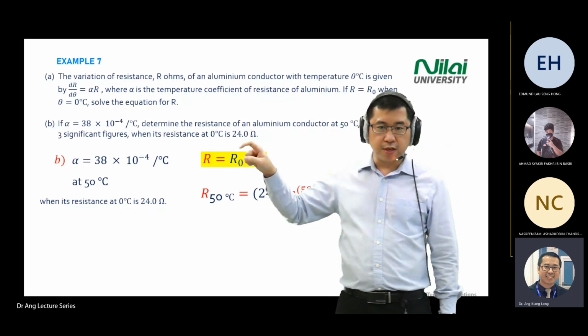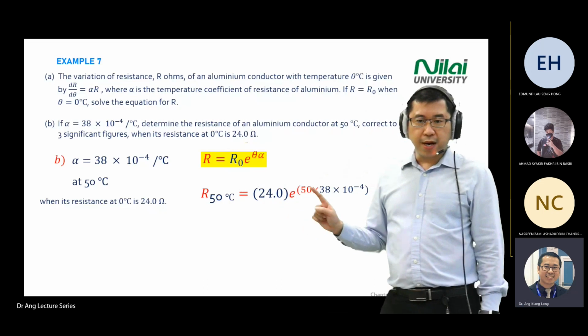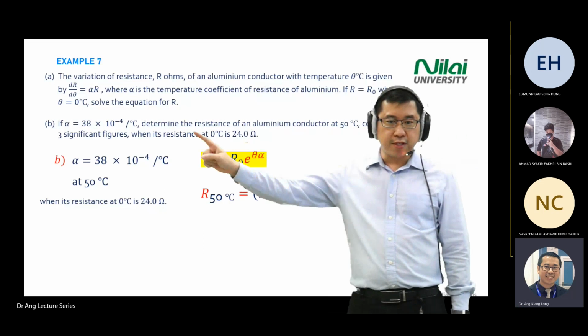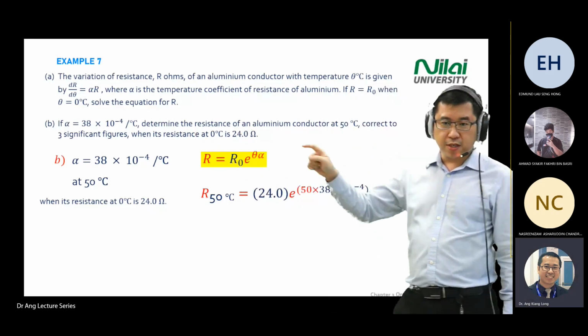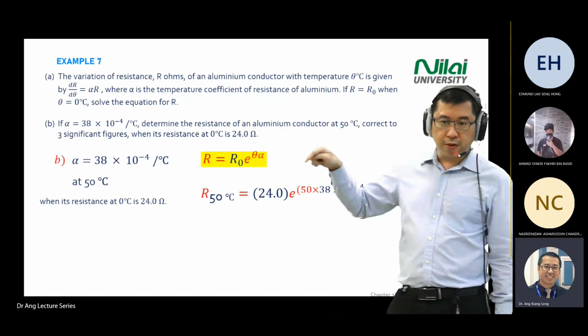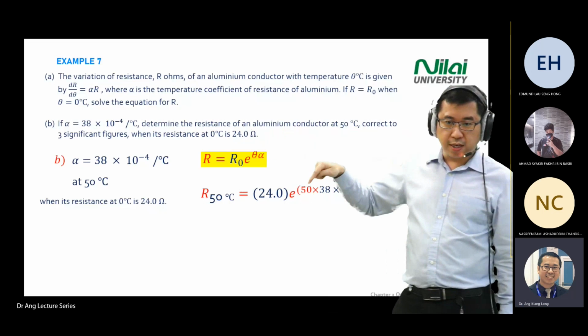You substitute this 24. Then 24 e power, it asks you for the temperature at 50 degrees C. So this is the temperature, and it gives you 50. You substitute 50 here.